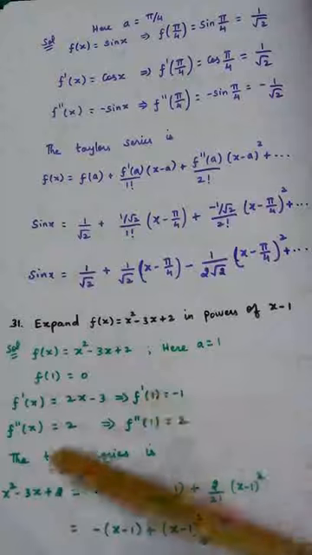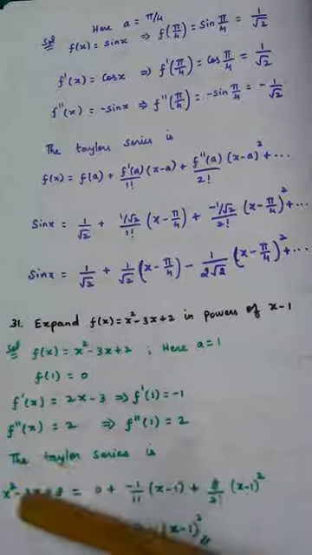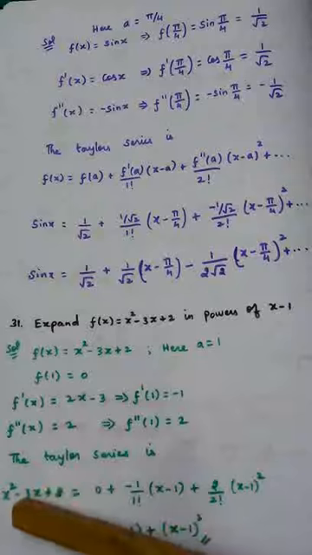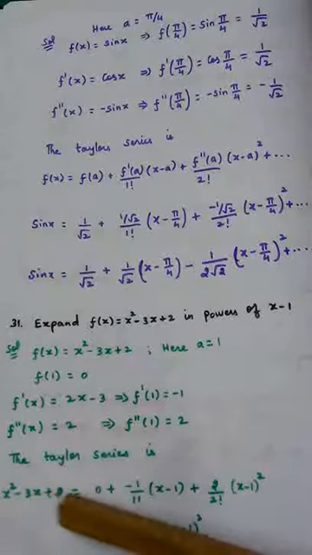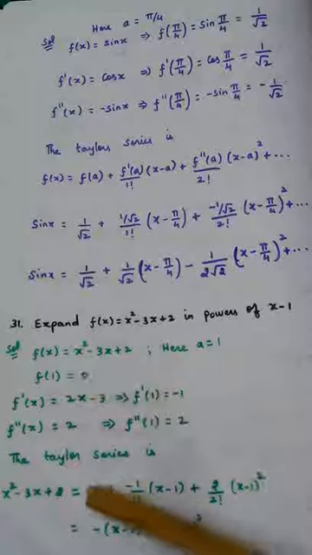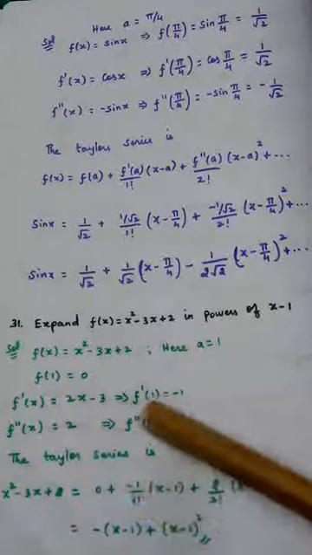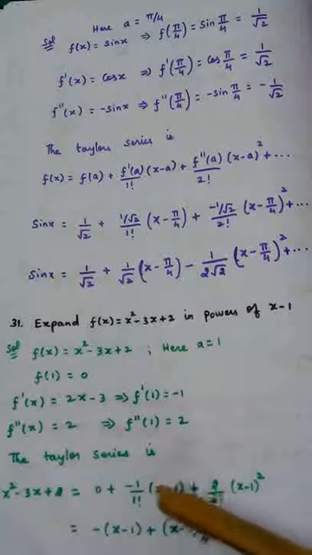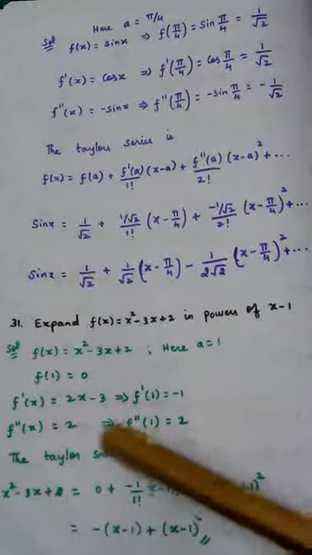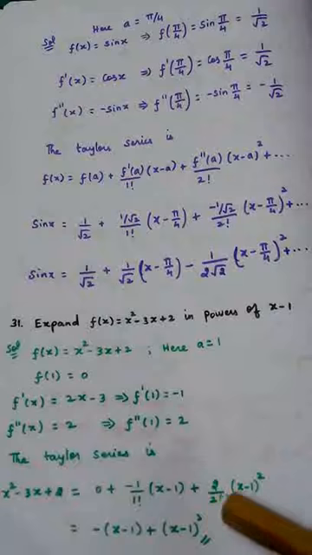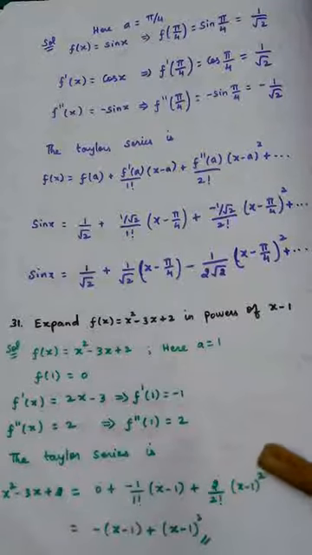So we will stop here and write the formula. The Taylor series is the function. Here I have not written the formula, directly I have written the answer. F of x is equal to f of a. F of a is 0. So 0 plus f dash of a minus 1, so minus 1 by 1 factorial x minus a plus f double dash of a 2, so 2 by 2 factorial x minus a whole square.